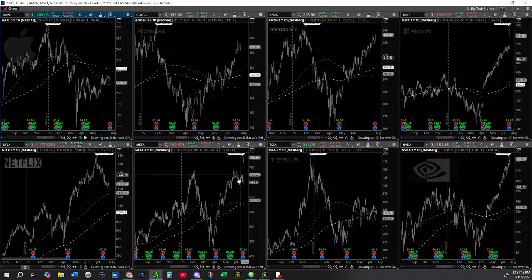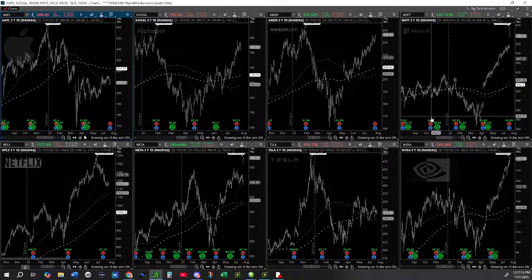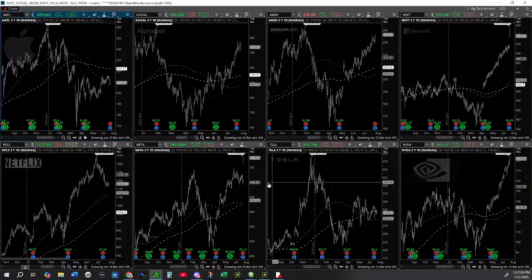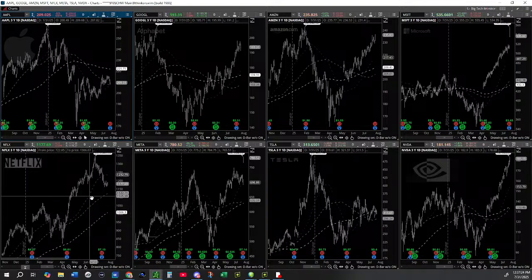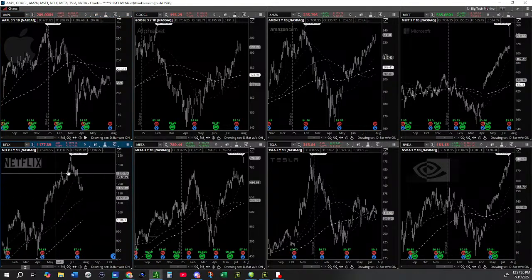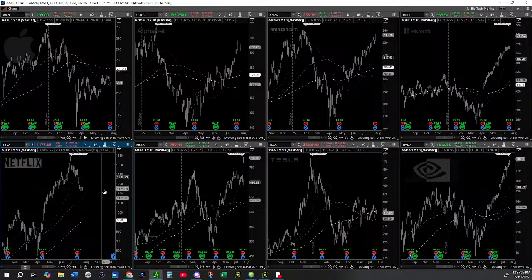I guess these stocks are heading towards the 1,000 for a split, right? I think the same thing can happen with Netflix. Maybe it needs to trade sideways for a longer period of time before the split.